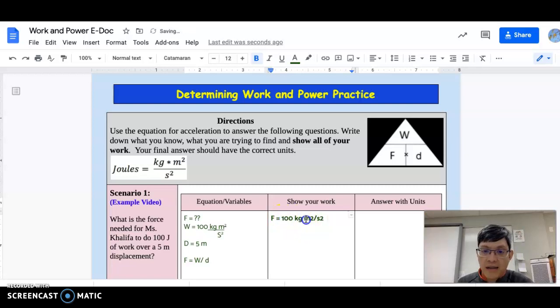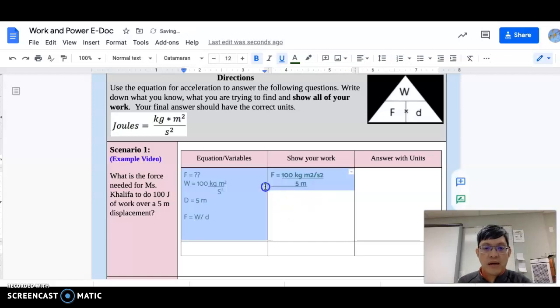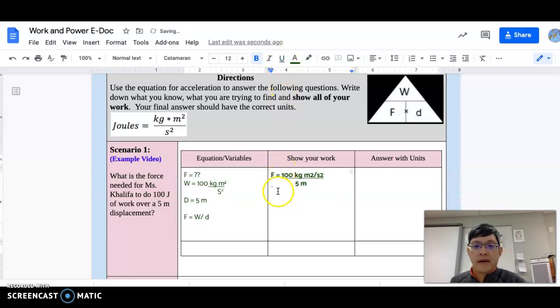Then take away the underline and go down and put the displacement. The displacement in this case is 5 meters. Let me take the underline away from that one. So now what is force equal to?